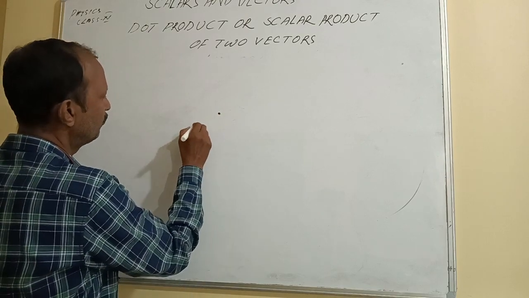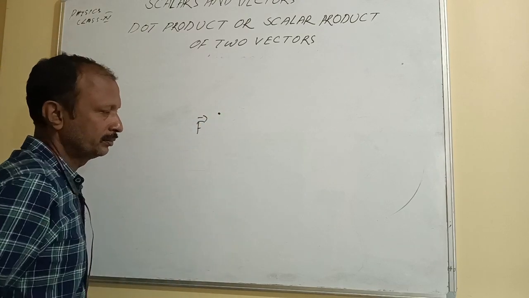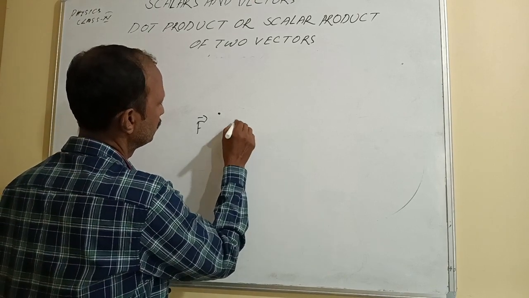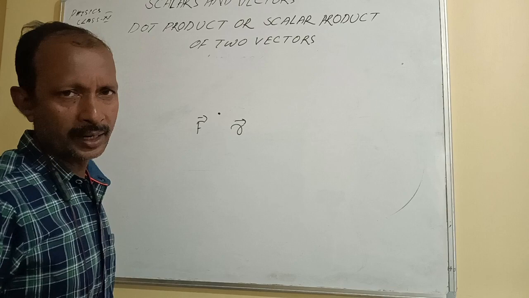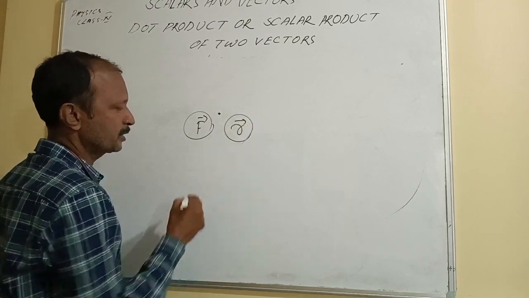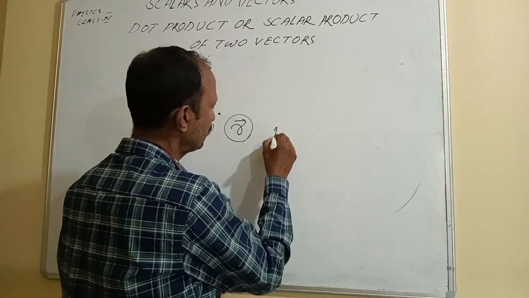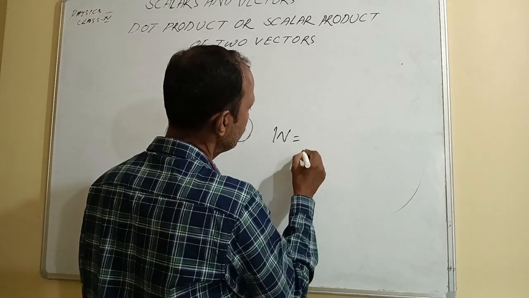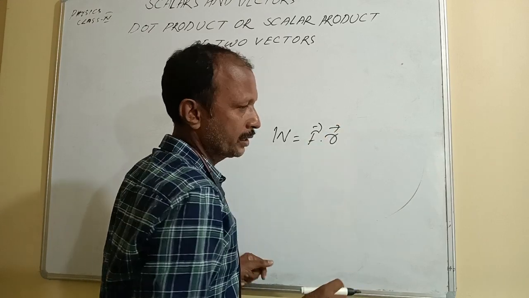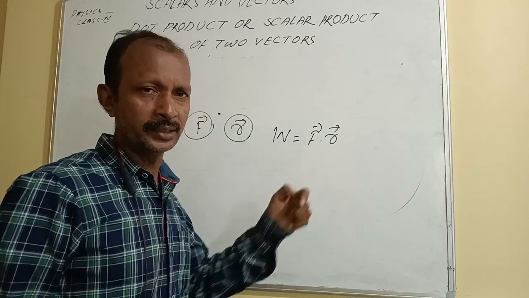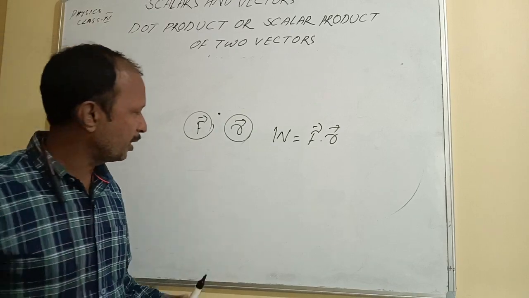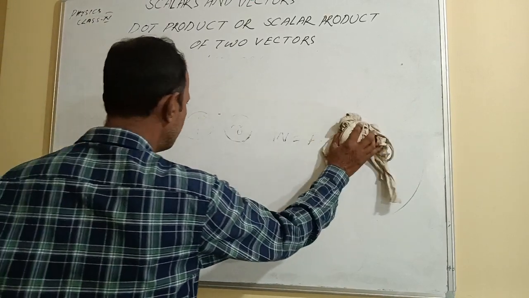You apply some force. If the particle is displaced by the distance r, that means this is the force, this is the displacement. Then the work done, we write, is the dot product of force and displacement. Now one numerical problem I am giving you, I am solving it.